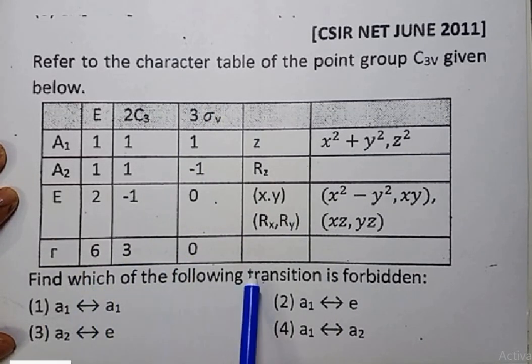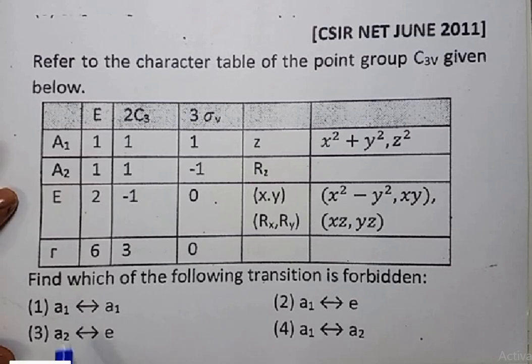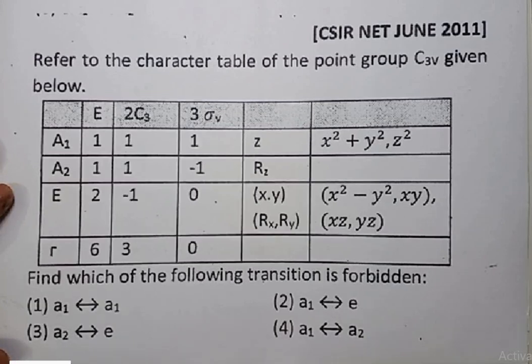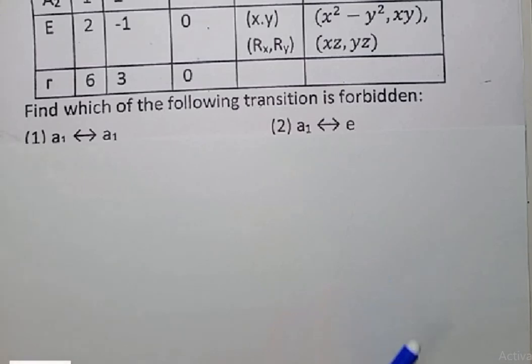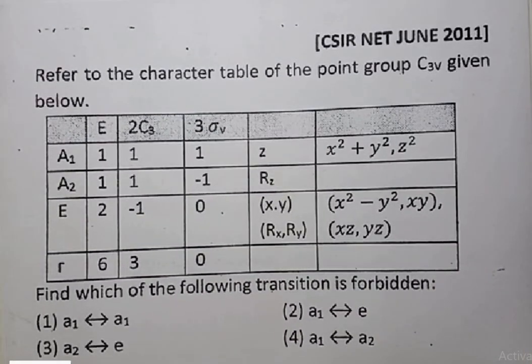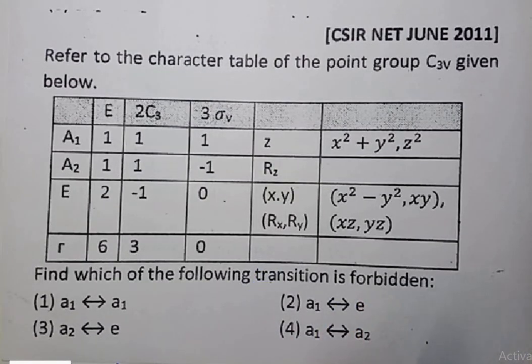For which of the following transitions is it forbidden? Four options are given: A1 to A1, A1 to E, A2 to E, A1 to A2. Among the 4, we need to find out which is a forbidden transition, symmetrically forbidden.